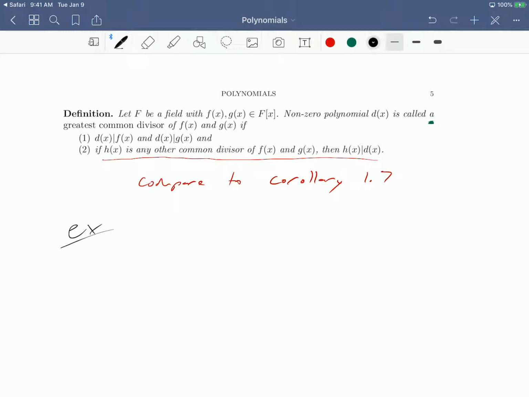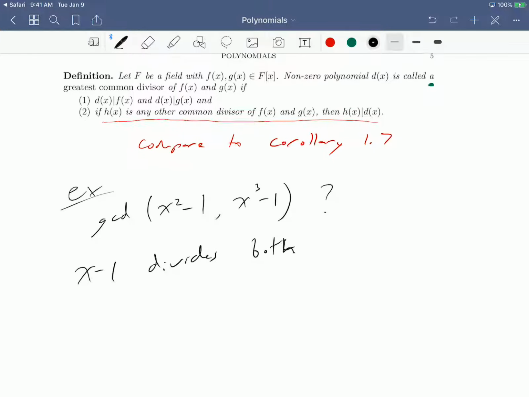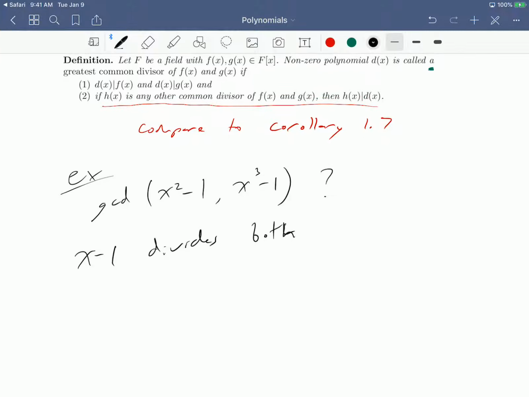So let's look at an example here. If I wanted to think about the greatest common divisor of two polynomials, let's say x squared minus 1 and x cubed minus 1, I want to think about things that divide both. So x minus 1 divides both, and there isn't a squared divisor that divides both. x minus 1 is kind of the biggest you're going to get, in terms of the degree.